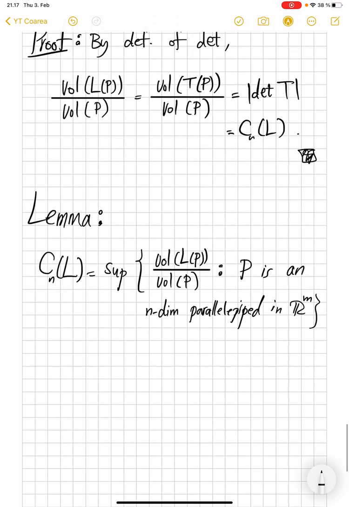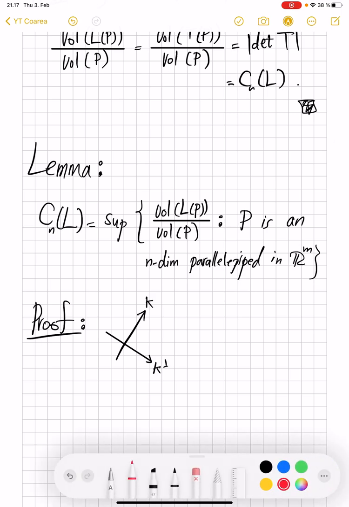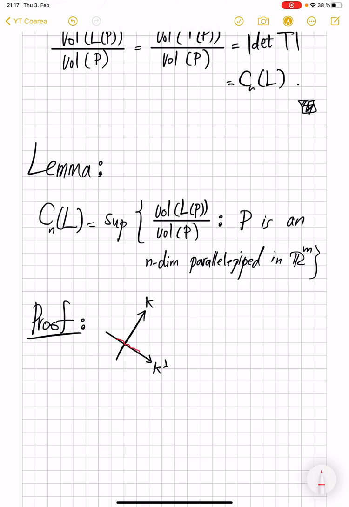Okay, in this case, compared to the previous one, we don't assume that the parallelepiped is contained in this. I have difficult time drawing perpendicular lines today. So this is kernel complement, and this is kernel. So in the previous lemma, the parallelepipeds we took were contained already in this set. But now they could be lying in different orientations like this.